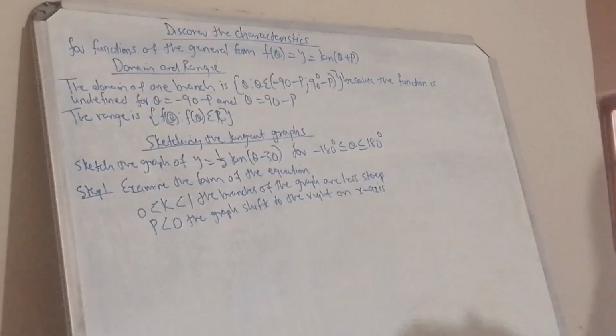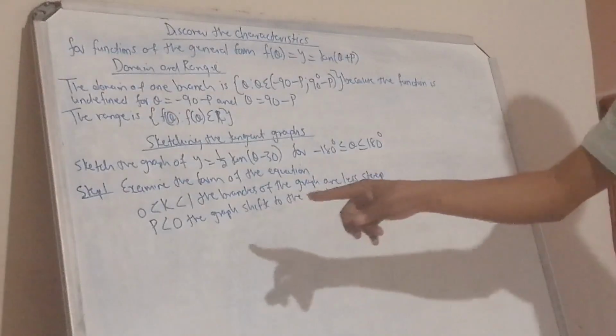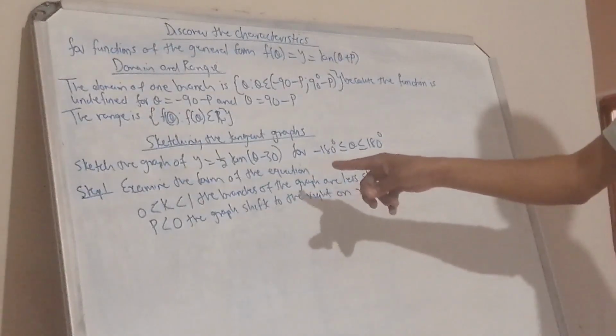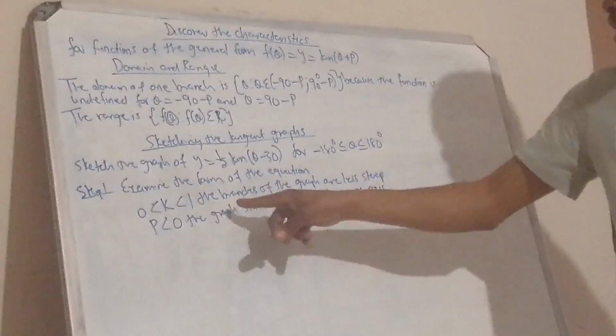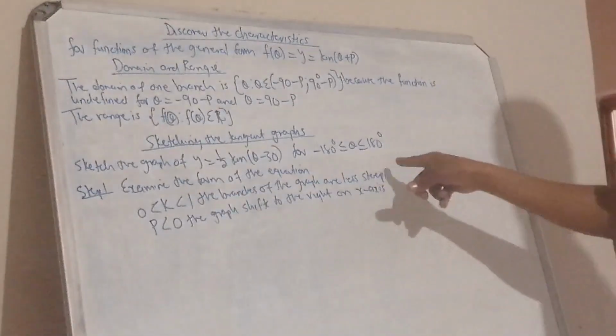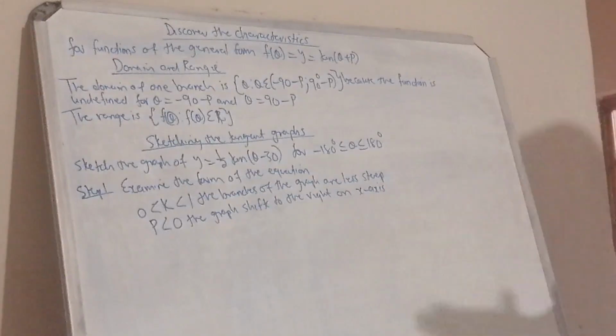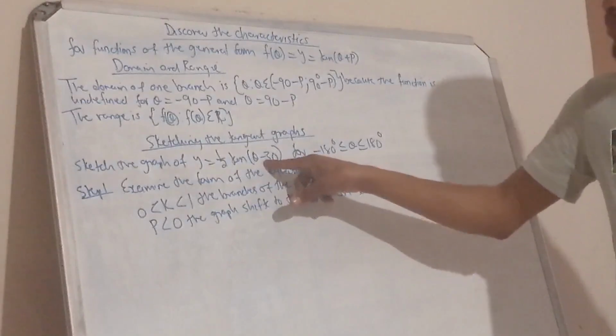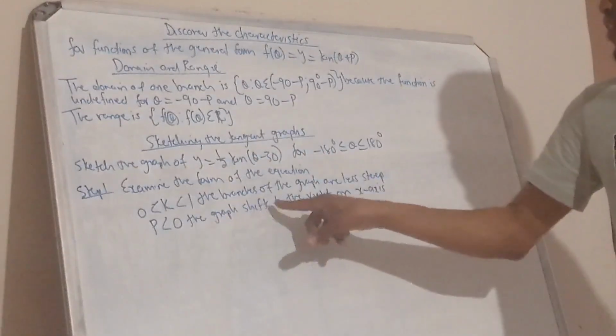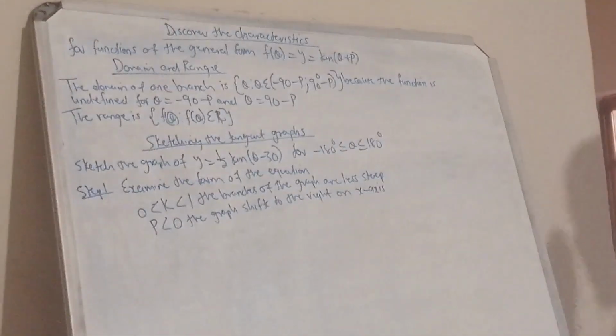In between 0 and 1, the branches of the graph are less steep. That's what we are saying. And for p that is less than 0, the graph shifts to the right on the x-axis. That is exactly what we have looked at previously.